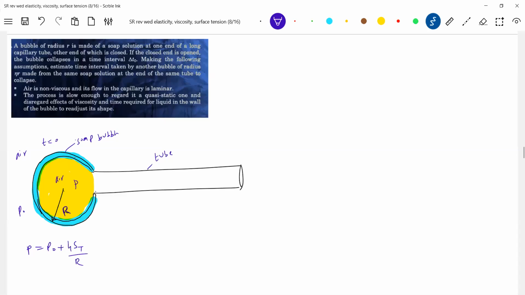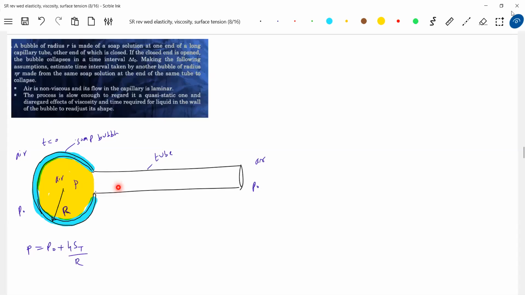Now, with time, what will happen is the pressure is more inside the bubble than outside. So the air starts rushing here. Outside the pressure is P naught, here it will be P. So the air starts flowing from higher pressure to lower pressure.